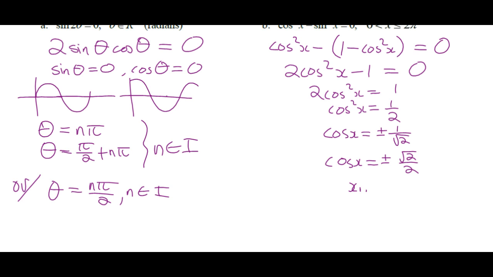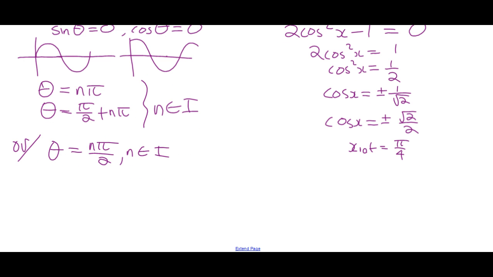So x ref is pi over 4. We're in all 4 quadrants, Q1 to Q4. So we have the pi over 4, the 3 pi over 4, the 5 pi over 4, and the 7 pi over 4.